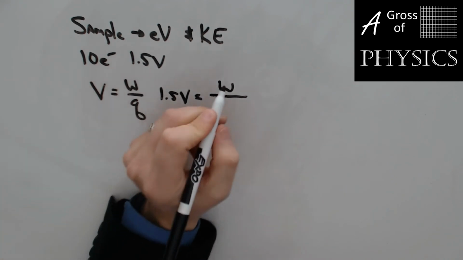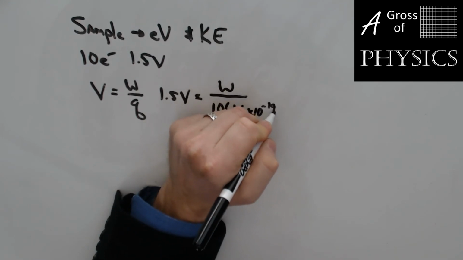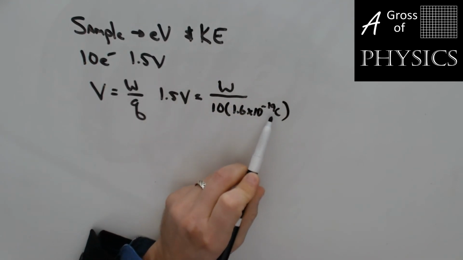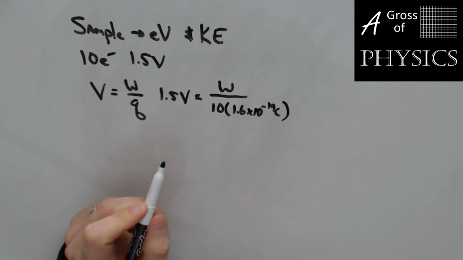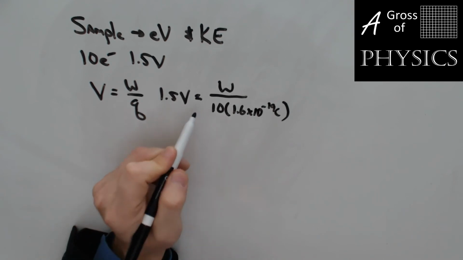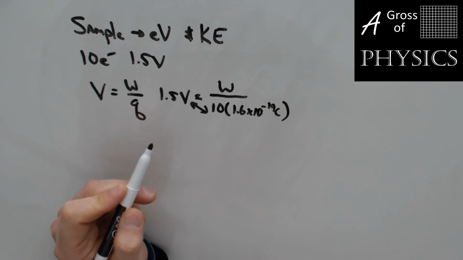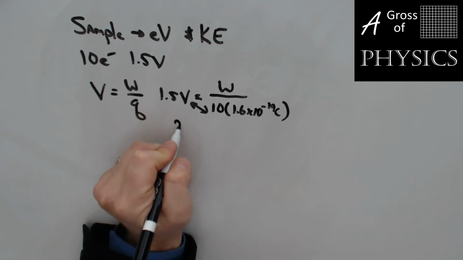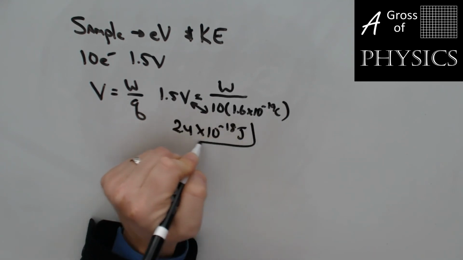If it's 10 electrons, it's 10 times 1.6 times 10 to the negative 19 coulombs. Now all we'd have to do is move that to negative 18, but I'll just leave it like this. If I do 1.5 cross multiply here times 10 and then times 1.6 e negative 19, I'm going to get 2.4 times 10 to the negative 18 joules.